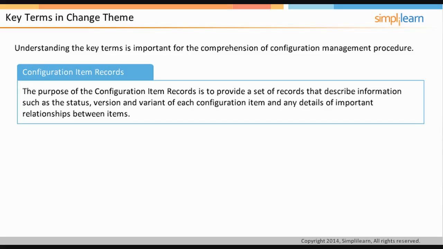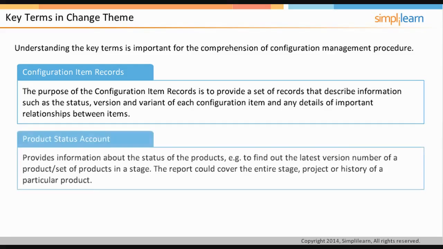Relationship between the configuration items records those items that would be affected if this item changed. Usually, in a configuration item record, information like item title, item type, that is, whether a component, product, or release, users who use this item, owner of the product, etc., are captured.